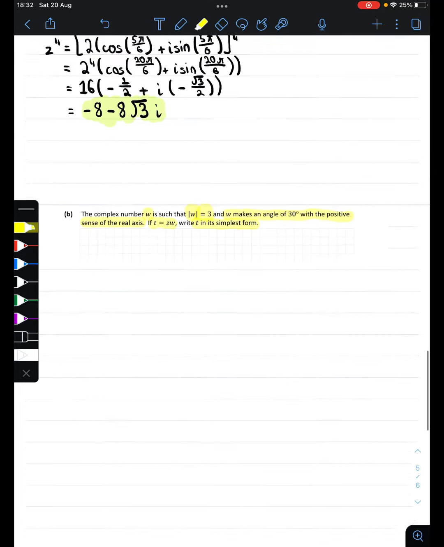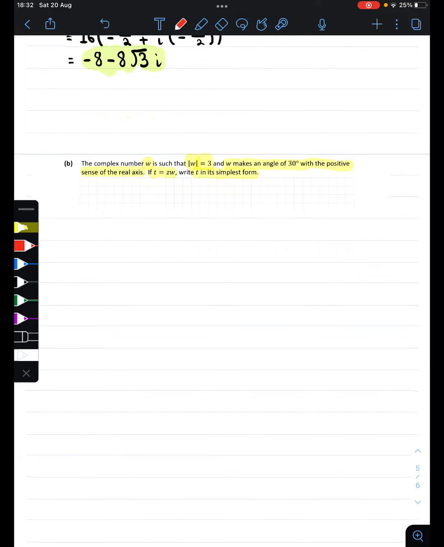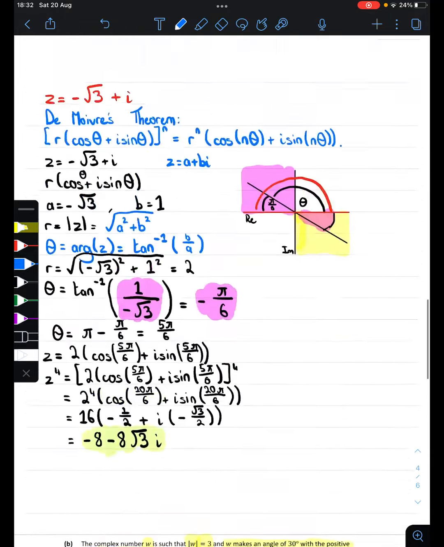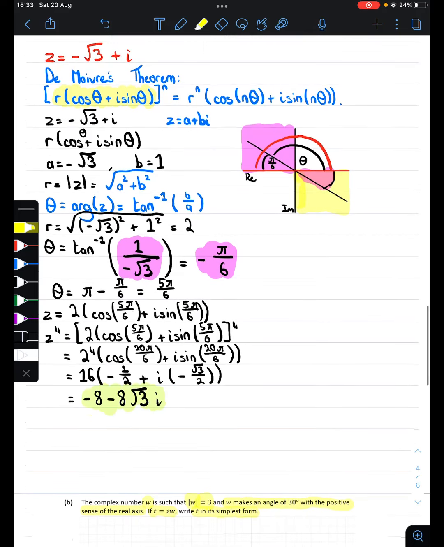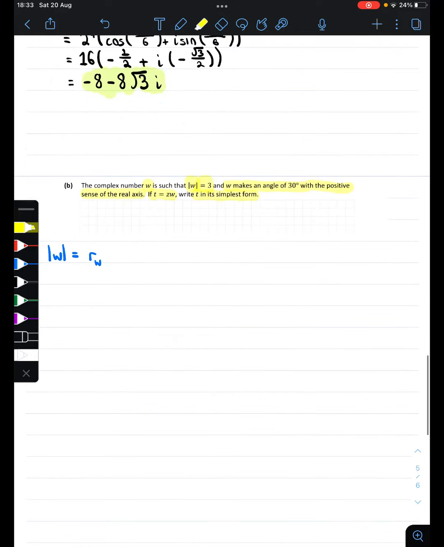Okay, so the magnitude of W is 3, and we know that the magnitude of W is R, let's call this RW. So in this polar form, R cosine theta plus I sine theta, we know that R represents the magnitude of the complex number.